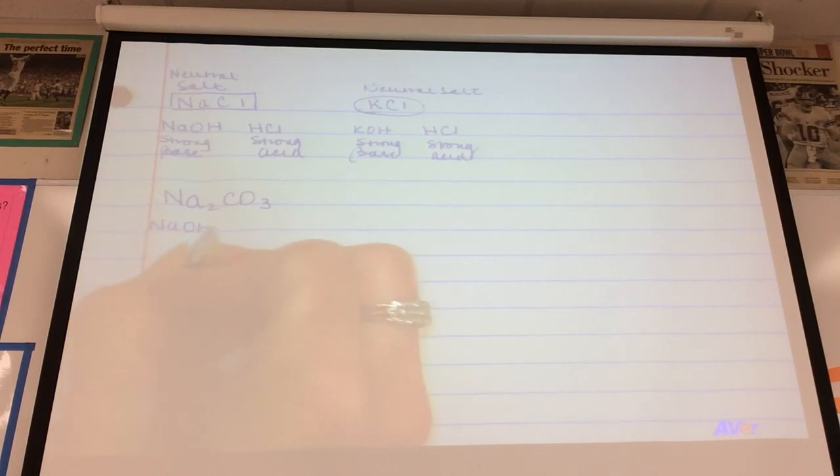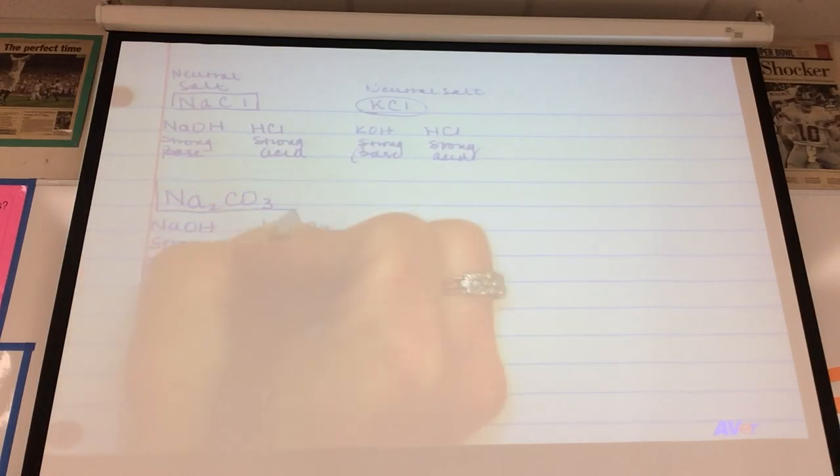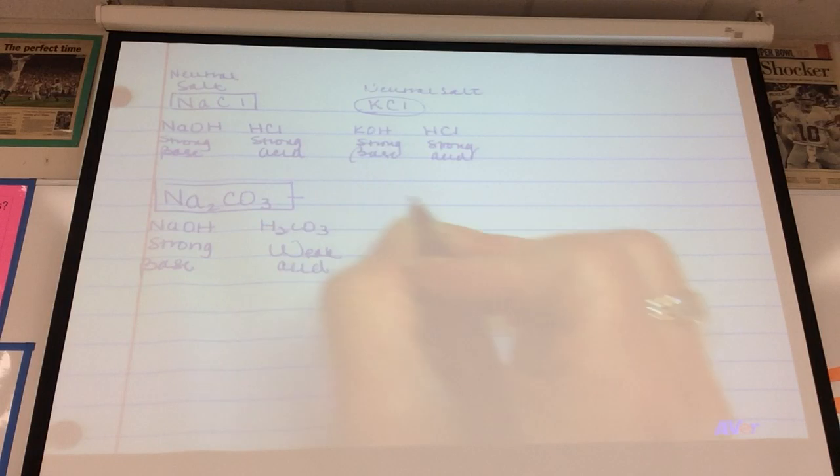That is a strong base. What acid would have generated this? This would be carbonic acid, which is a weak acid. The salt would be acidic or basic?